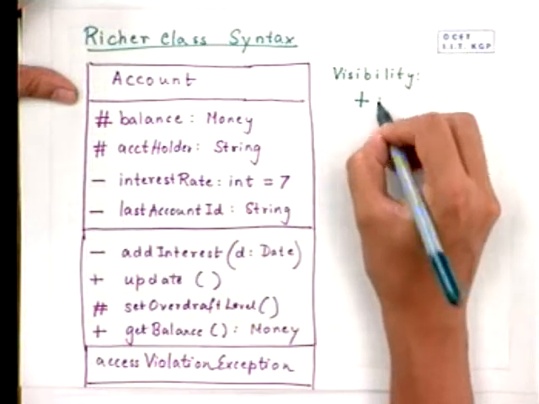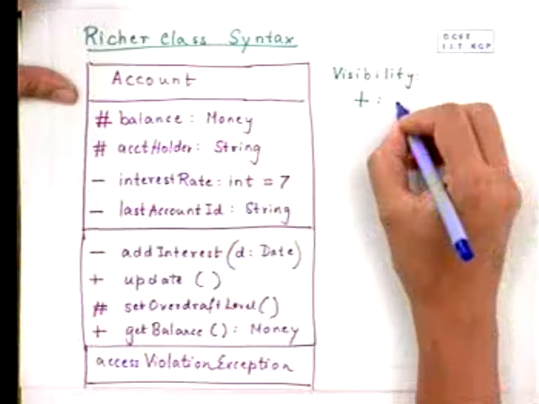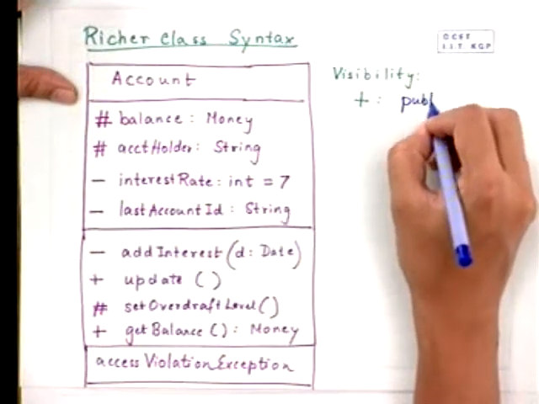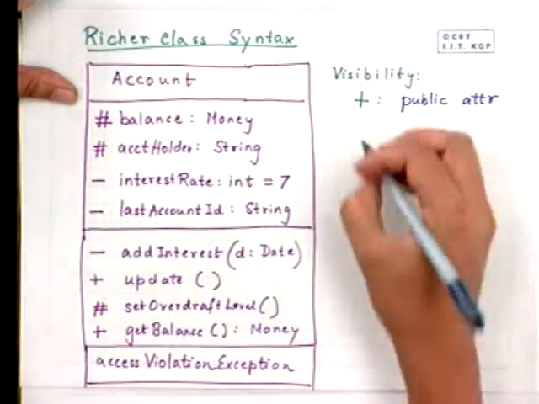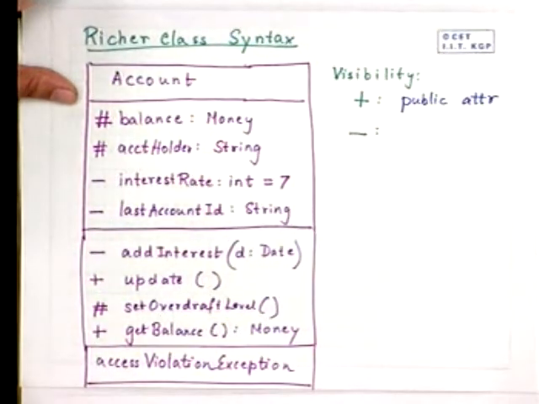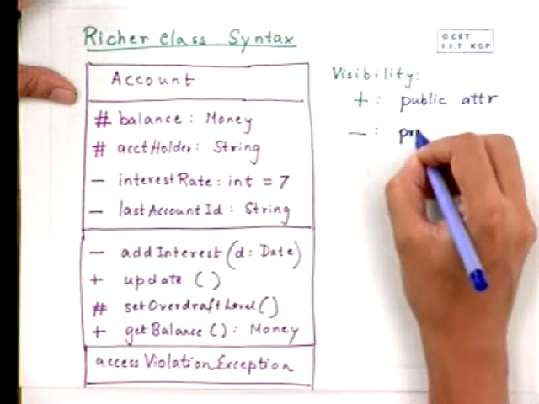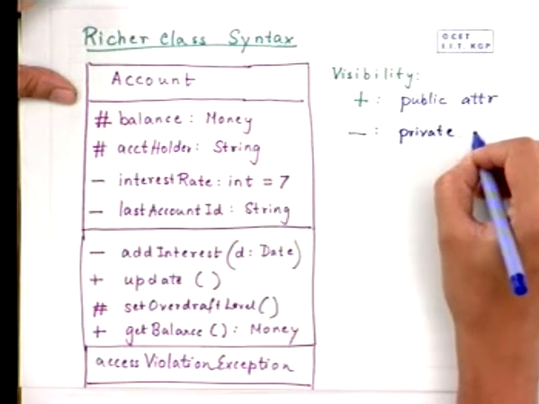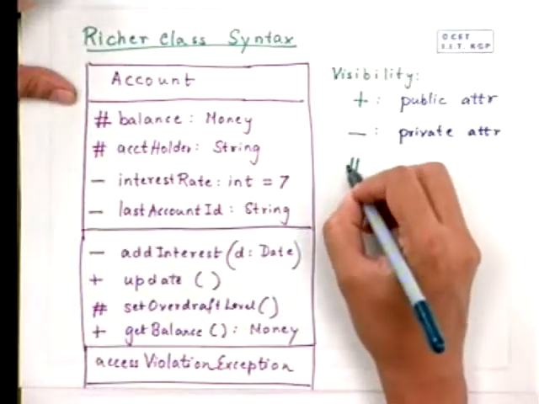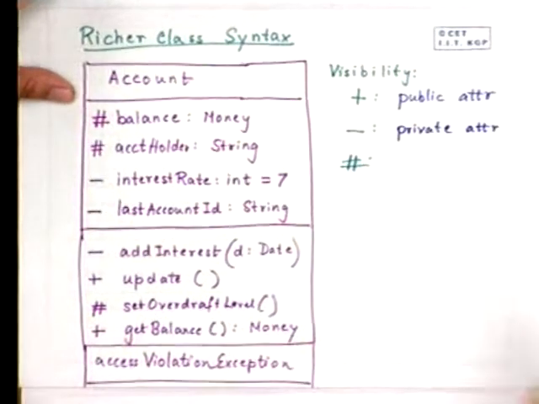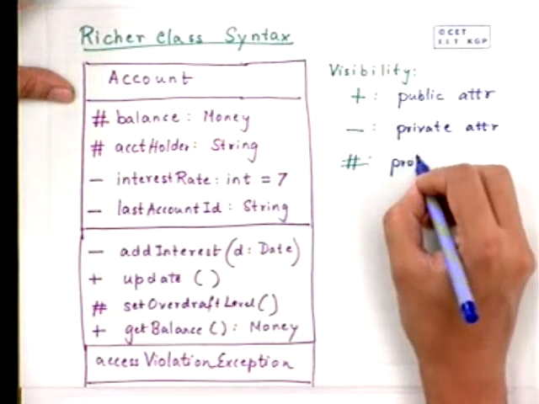Plus denotes that this is a public attribute. Minus denotes that it is a private attribute. And hash denotes that this is a protected attribute.